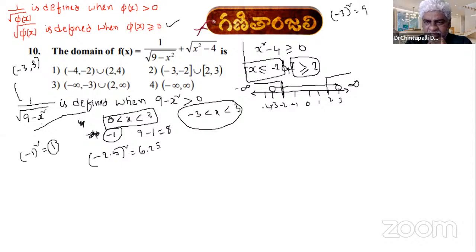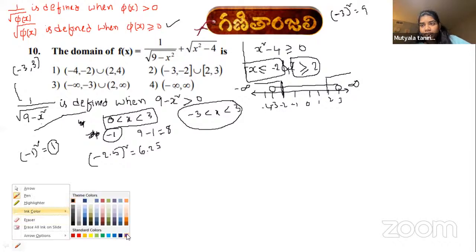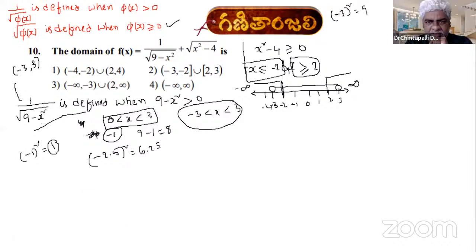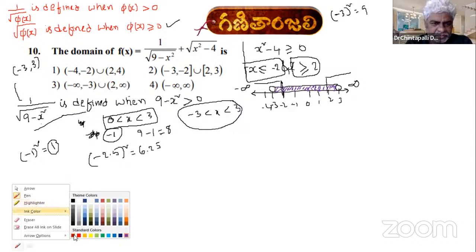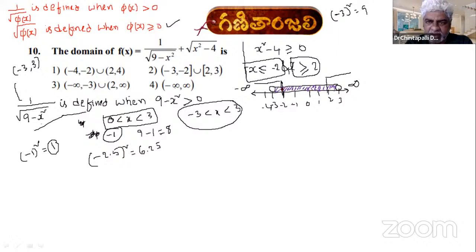This is first interval, right? First interval is shaded with some color, this color. It is first interval. This is second interval, clearly. The second interval is negative 2.